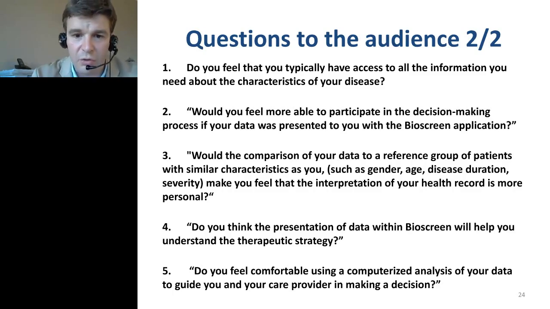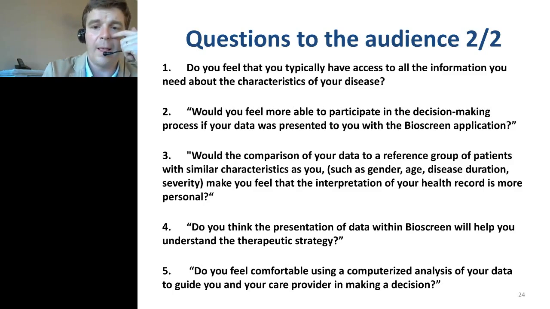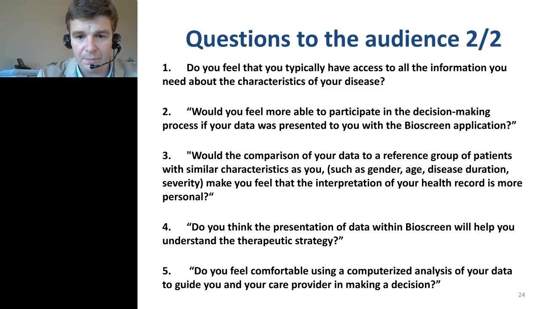And question 3, and maybe if we have a little bit more time at the end, I'll ask you to answer those questions. Question number 4 was about therapeutic strategy. And question number 5 was about the fact that a lot of the information actually uses algorithms and computerized information.